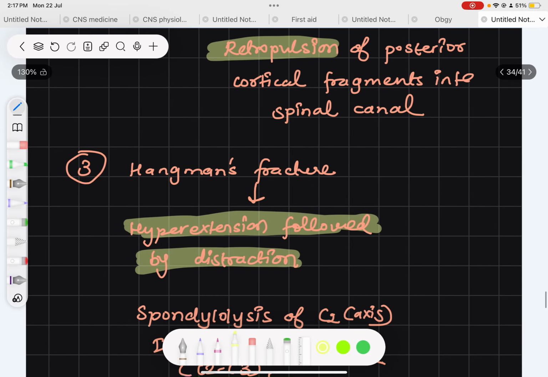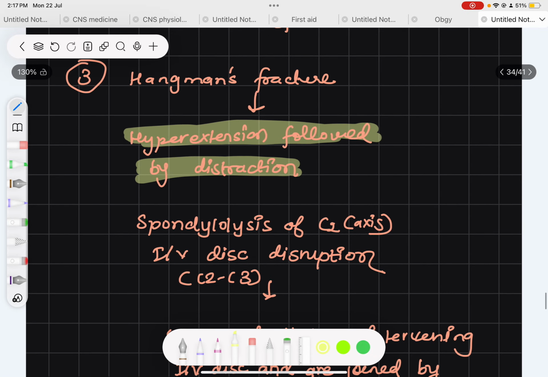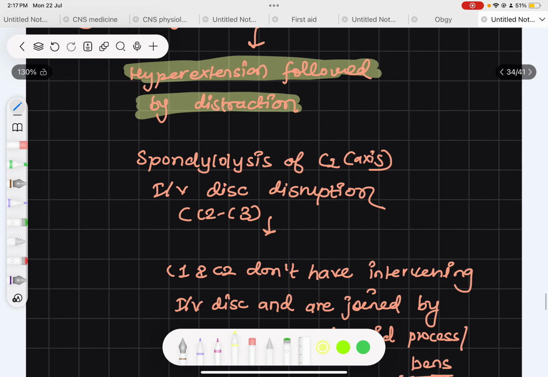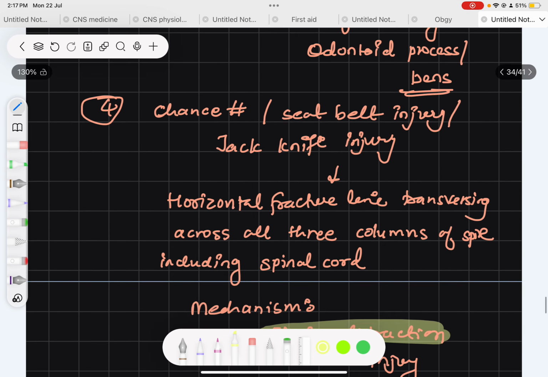Here there will be hyperextension followed by distraction. Now what will happen in hangman? There is spondylolysis of C2, with intervertebral disc disruption at the C2 C3 level.